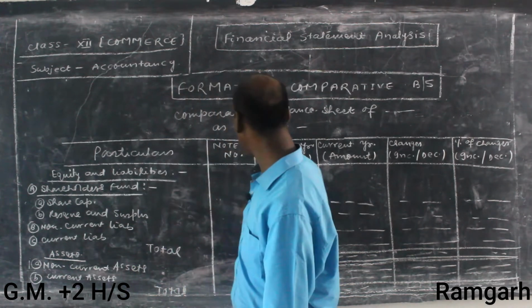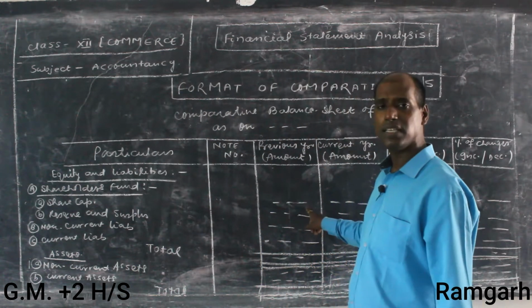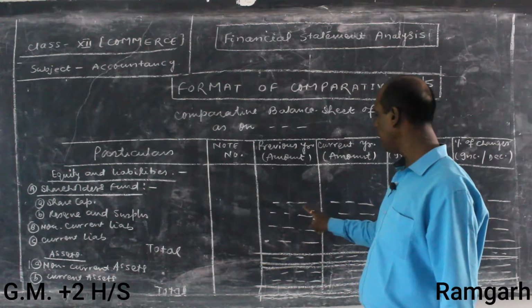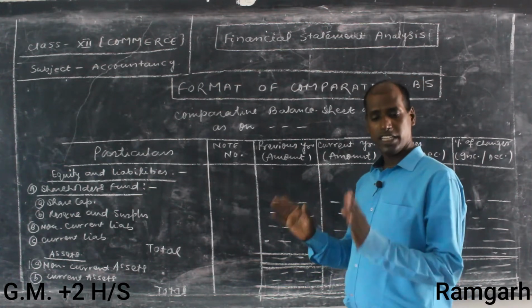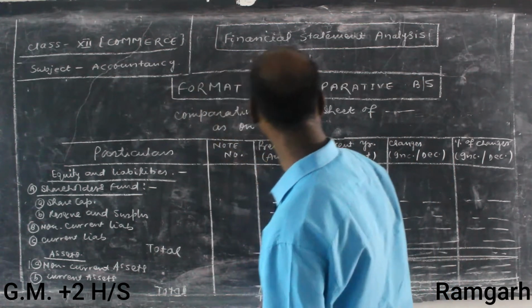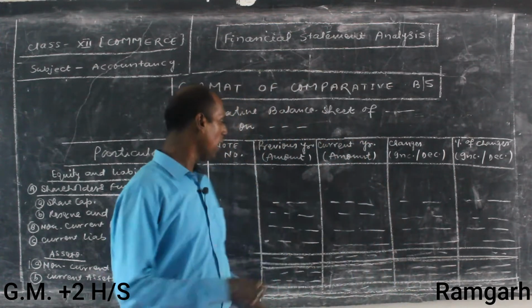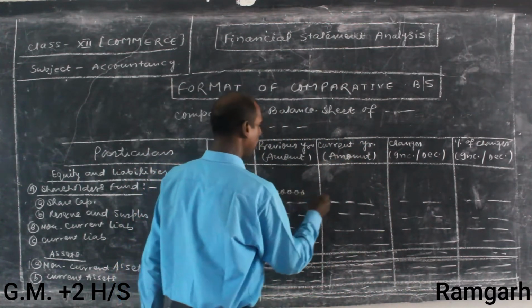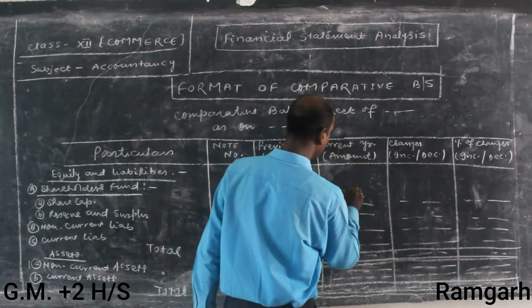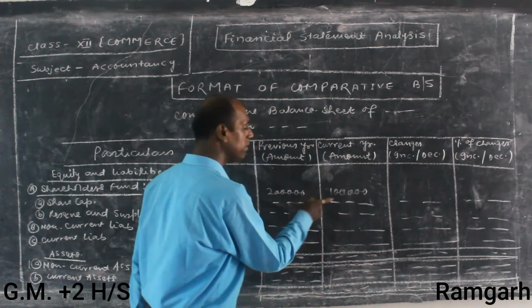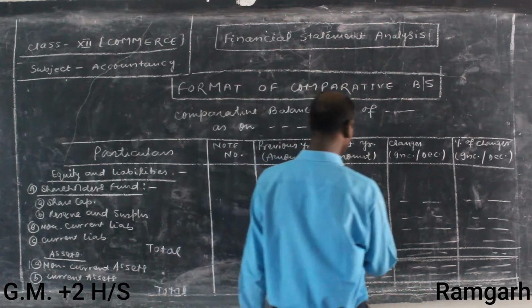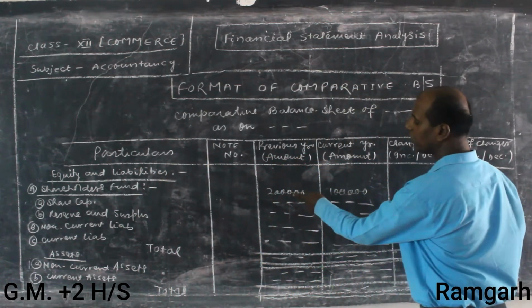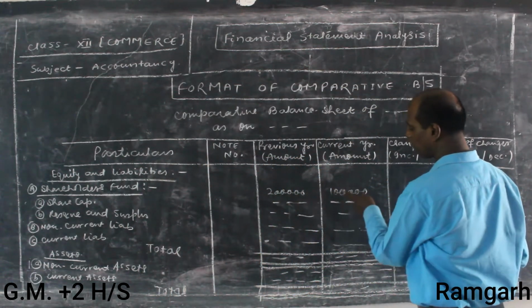As share capital of previous year and current year, then we have to take the decision about the increase or decrease. Suppose here the capital is 2 lakhs and the current year is 1 lakh. Then what will be the changes here? The absolute change is increase or decrease: 2 lakhs, thereafter 1 lakh.